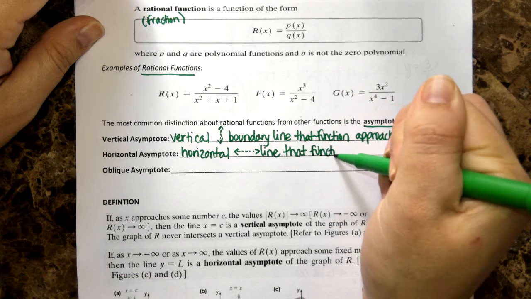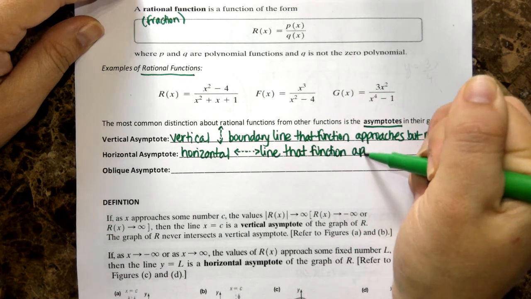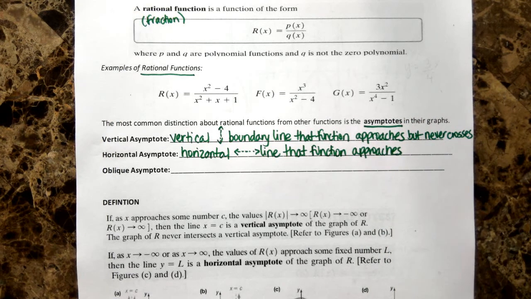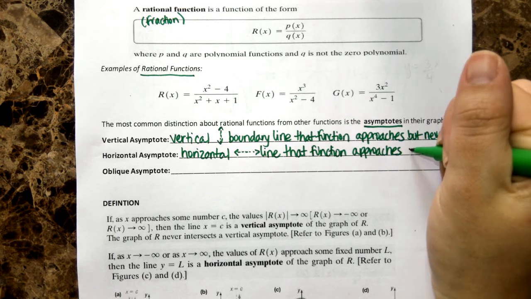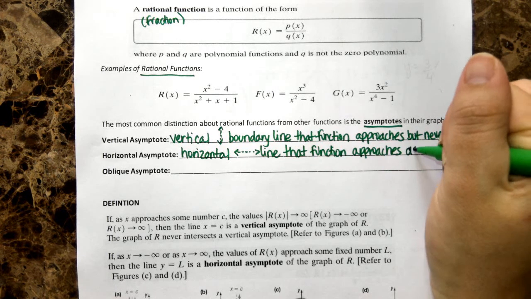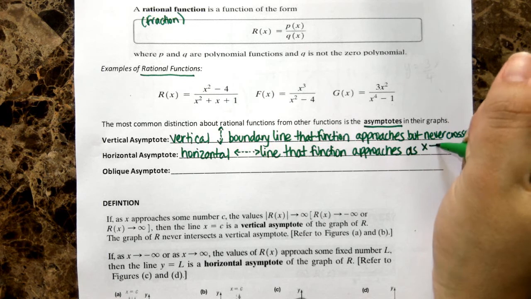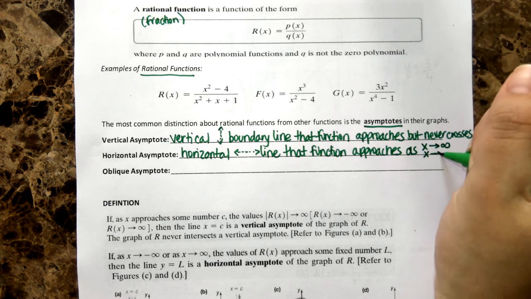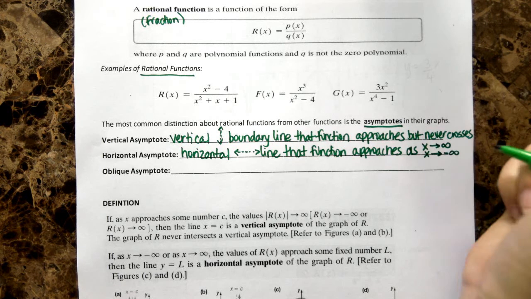It gets really, really close to as x gets larger or smaller. Okay. And I'll go ahead and write that in because I think the textbook definition has it. As x gets larger, meaning as x goes all the way to infinity, or as x gets smaller, meaning all the way back to negative infinity. Okay.